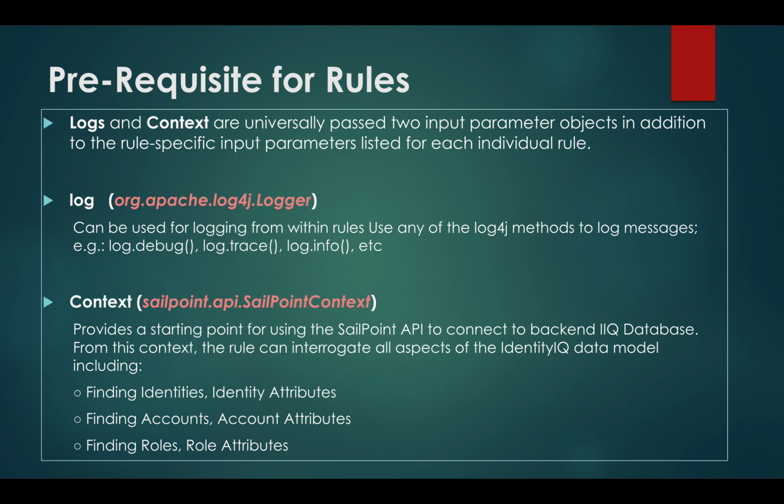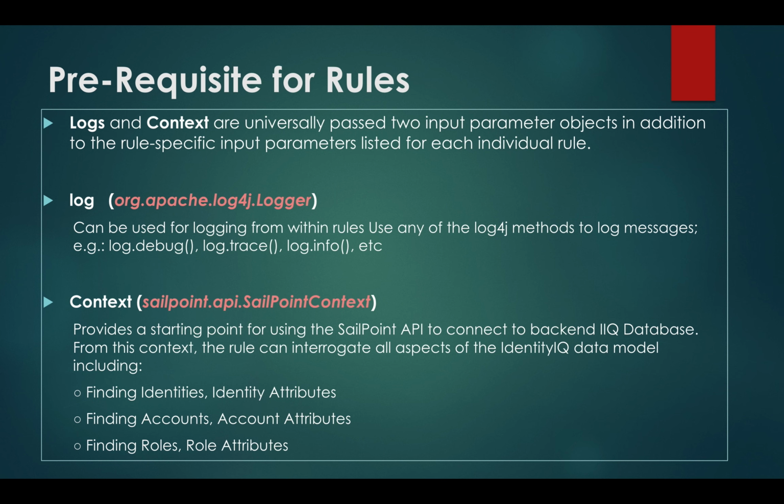Before we jump into writing rules, there are some prerequisites which we have to follow. In SailPoint Identity IQ, we have log and context objects, which are universally passed as input parameters. The purpose of log is to record the activities that happen within the Identity IQ instance.